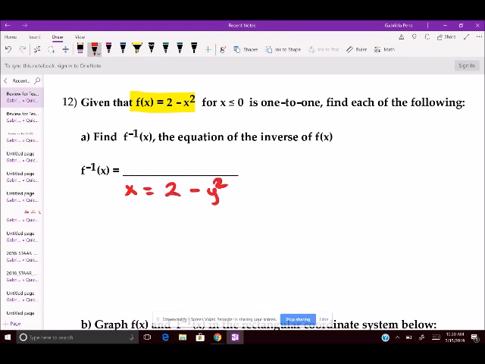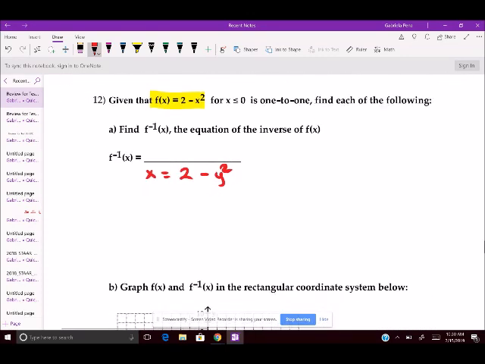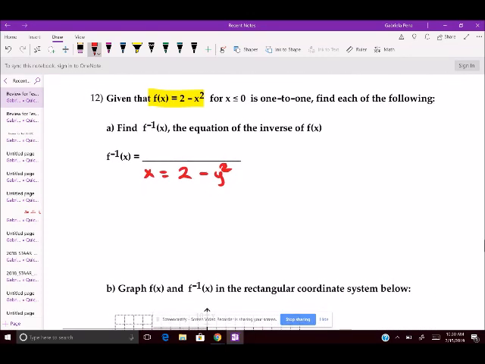There's different ways to solve this, maybe different little choices, but subtracting 2 is correct. After I subtract 2, it's x minus 2 equals negative y squared. What should I do next? Divide by -1. So I need to get rid of that -1.